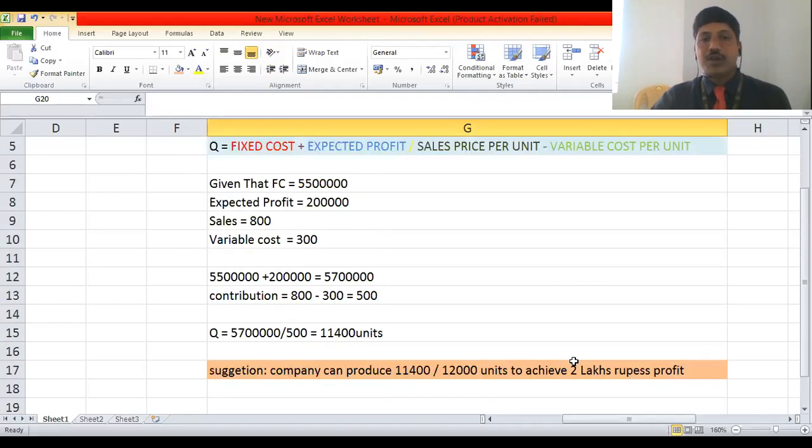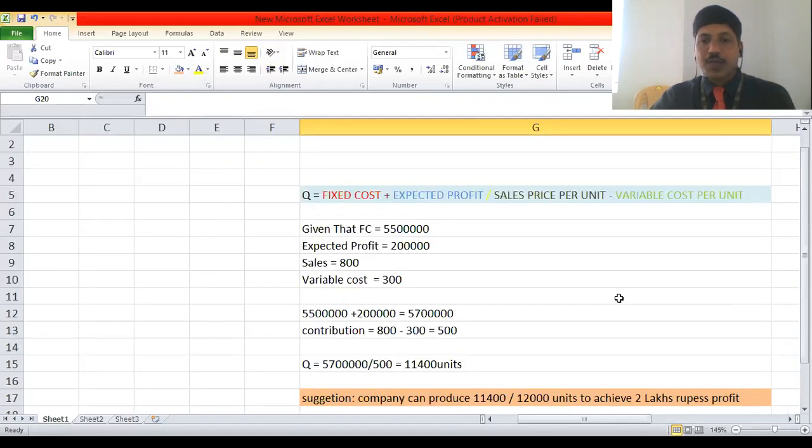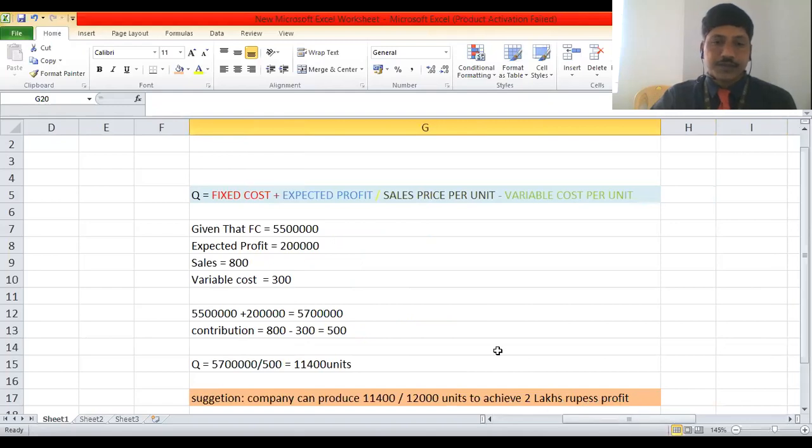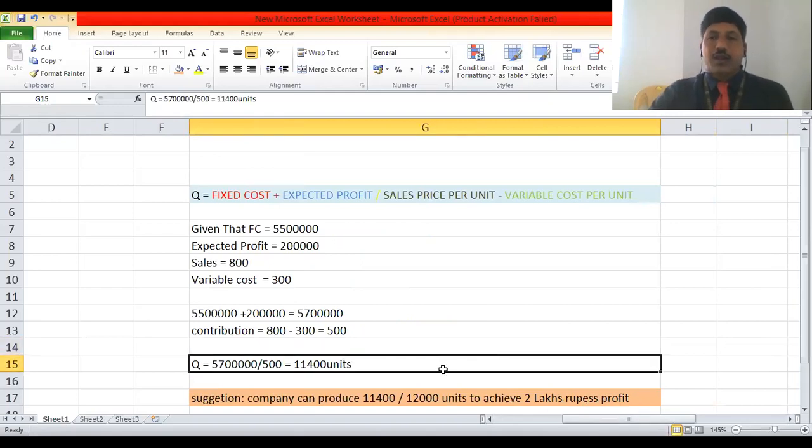Sir, how can you produce 12,000? Why can't you produce 12,000? Because the answer you got is 11,400. See, that is the minimum number of units that need to be produced to achieve the 2 lakh rupees profit. If you produce 12,000 units, you may achieve more than 2 lakh rupees.